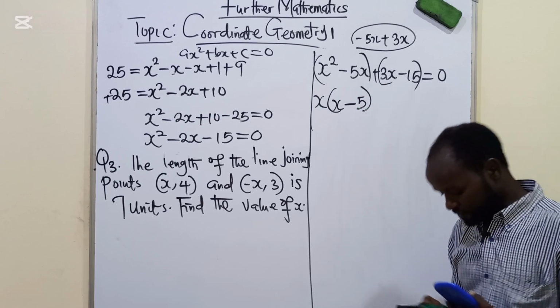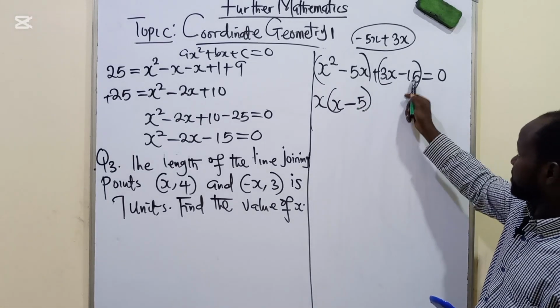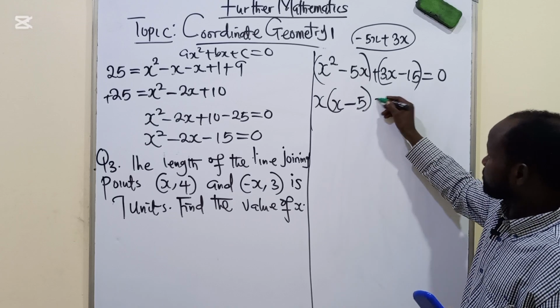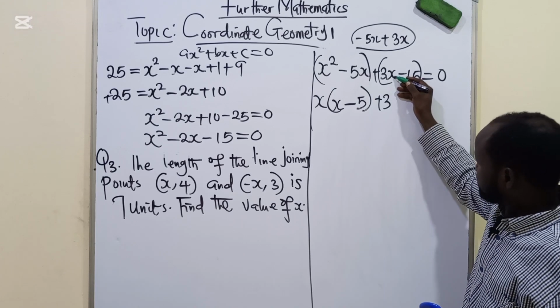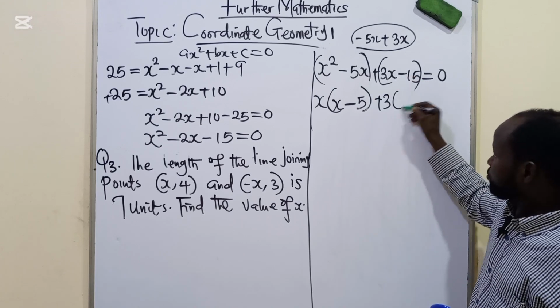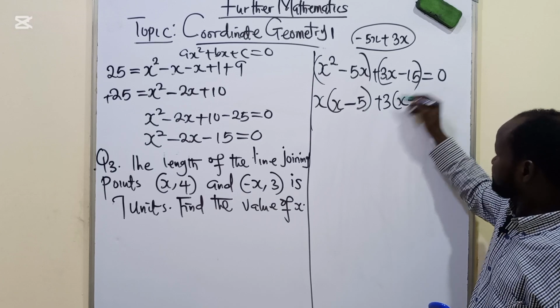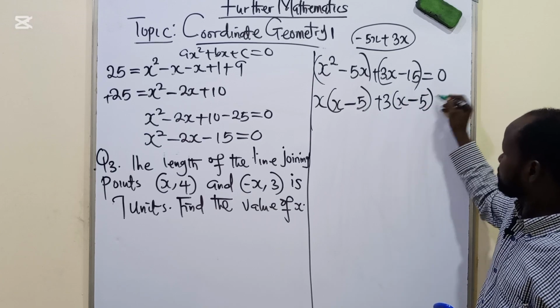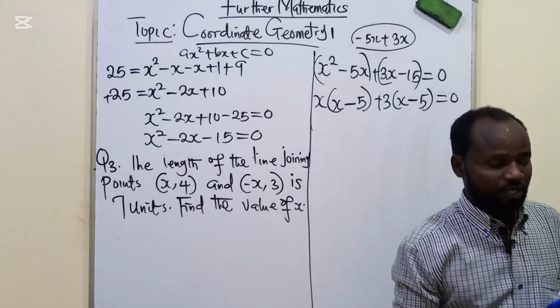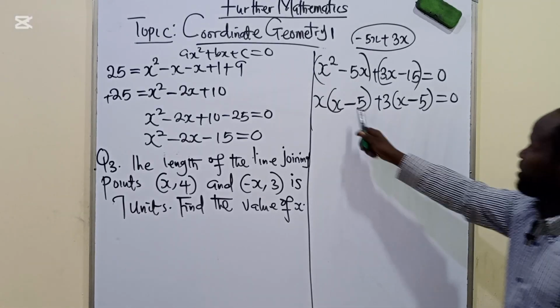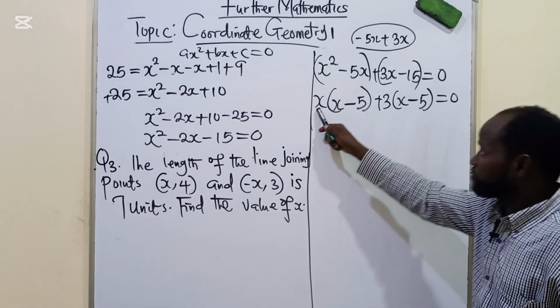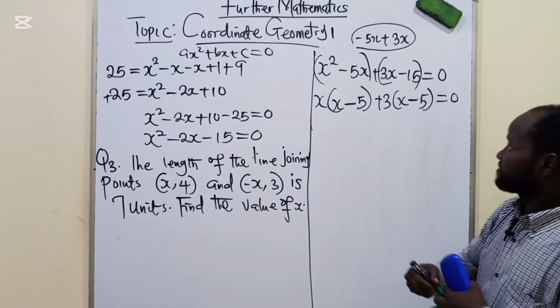We close the bracket. What is common between 3x and -15? Of course, it will be plus 3. 3x divided by 3 is x, -15 divided by 3 is 5. If you look at this critically, what we have in the bracket is the same, and we pick what we have outside, that will be x plus 3.